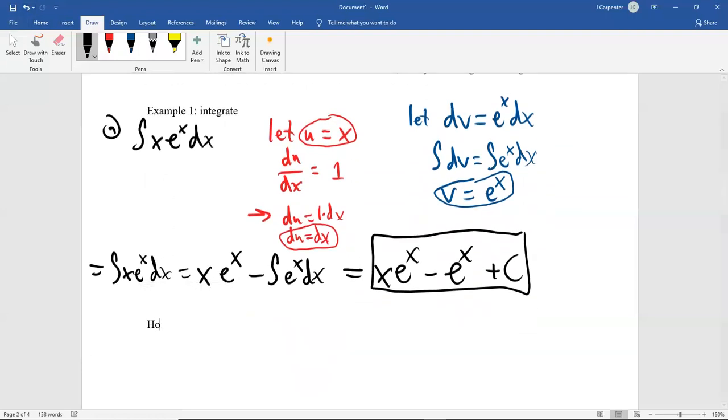So again, how did we use this? We say let u be the generally simpler looking part. So when I say simpler, what looks simpler, x or e to the x? x looks simpler.